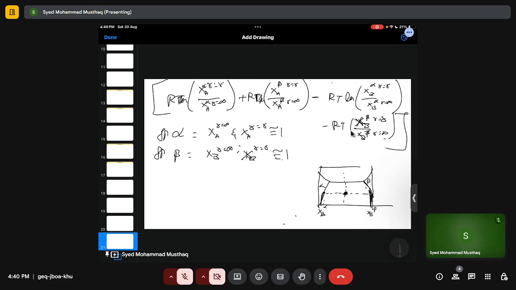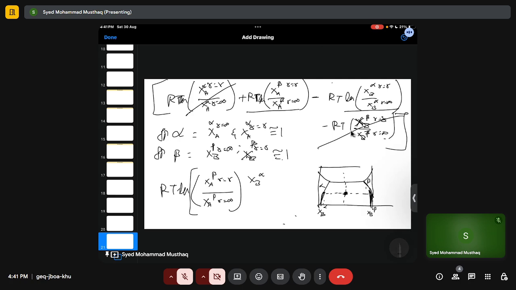So what are we remaining with? This term will go away, and the two terms we are left with are these two, which talk about RT log of XA in beta at R equals R, times XB in alpha at R equals infinite.